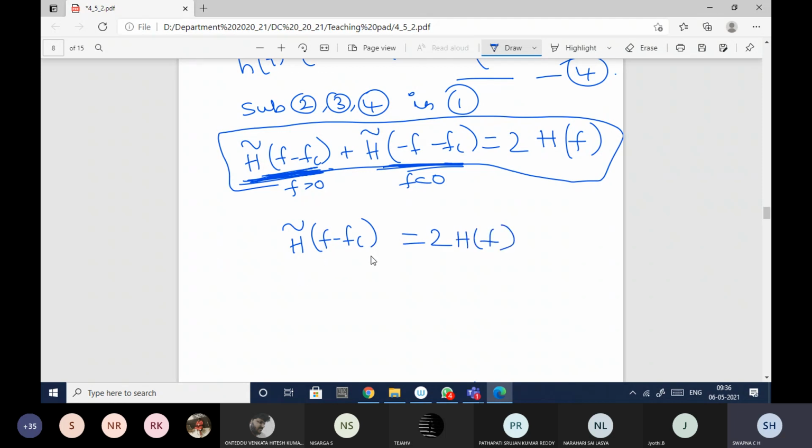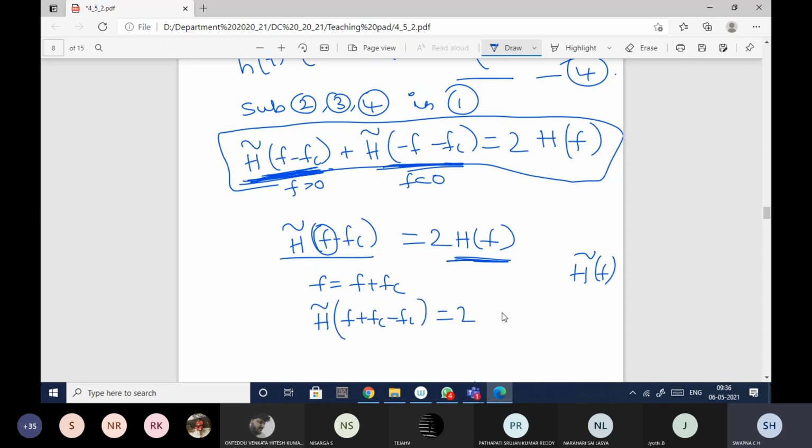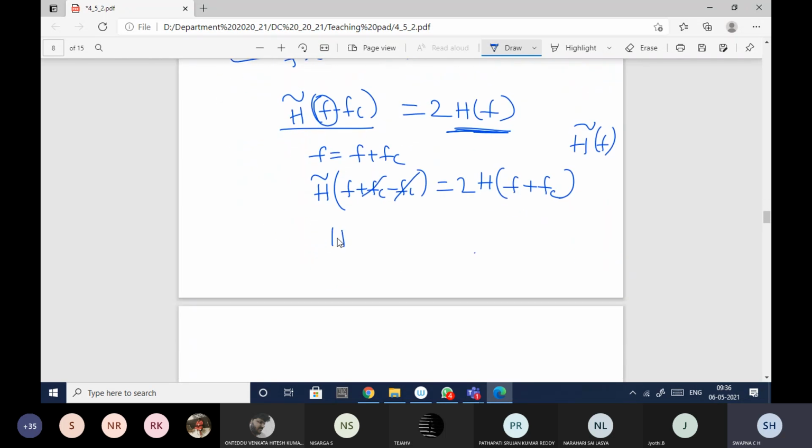From this I can say that if I know h of f, I can find h tilt of f minus fc. But what we want is h tilt of f. So in order to get that, I'll do a small change. On both sides, I'll replace f with f plus fc. Then it will be h tilt of f plus fc minus fc, which is equal to 2 times h of f plus fc. This fc and this fc will get cancelled, and finally I'll have h tilt of f.